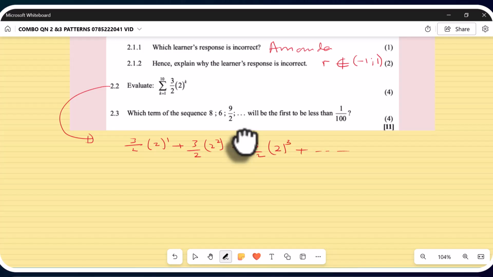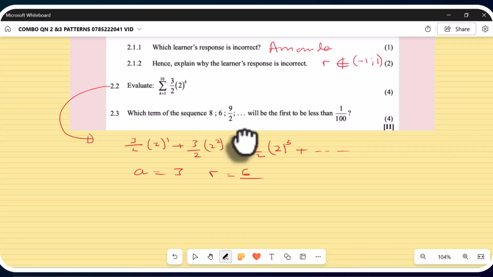So the sum of the first 10 terms, this being geometric, is given by a, which is 3, into r power n, which is 2 power 10, minus 1, divided by 2 minus 1. So it's going to be the answer here.